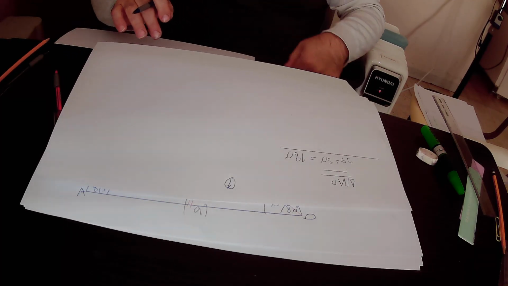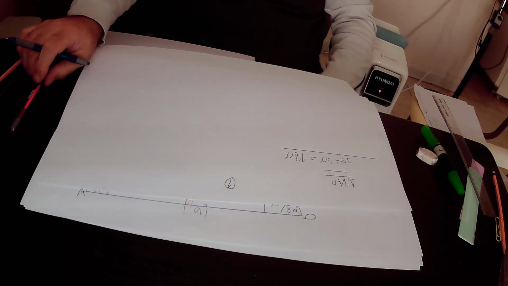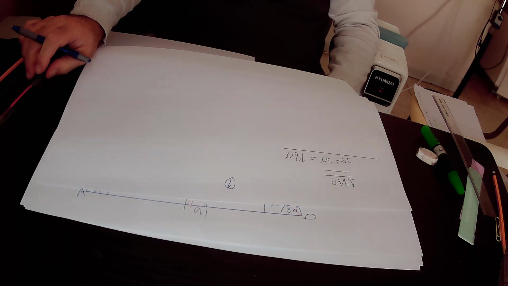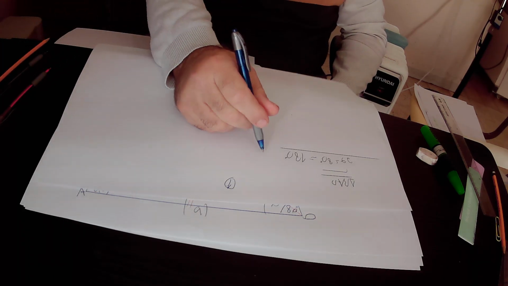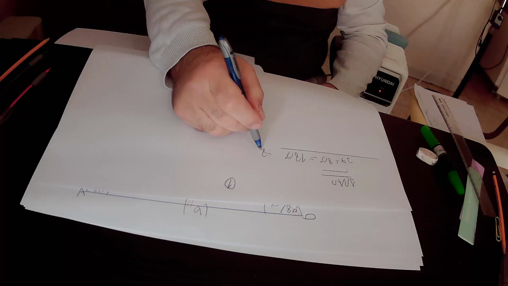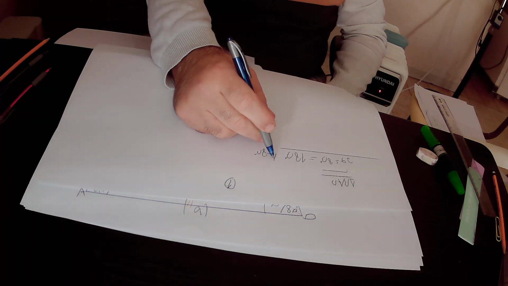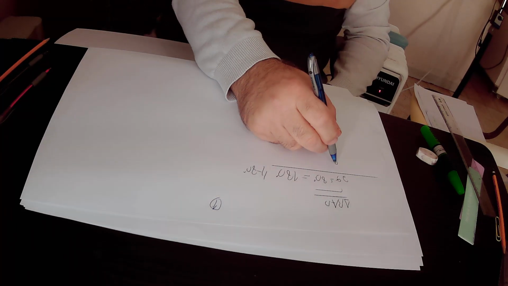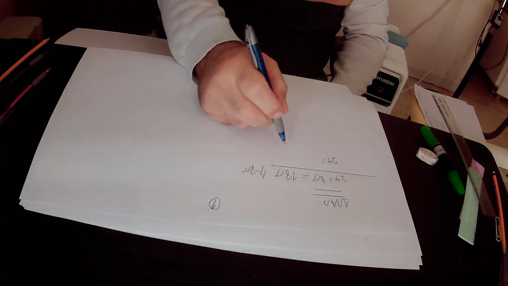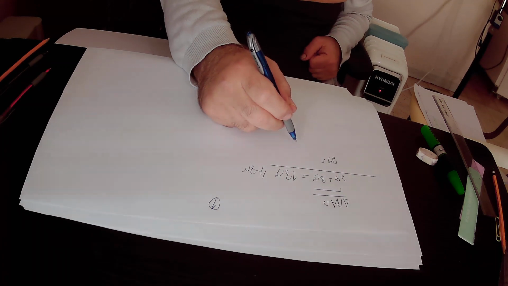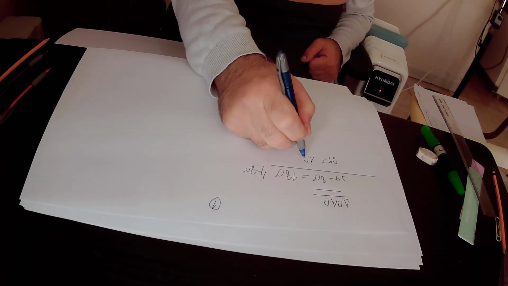Here we'll subtract 80 degrees from this equation and we get that 2 alpha equals 180 degrees minus 80 degrees, which is 100 degrees.